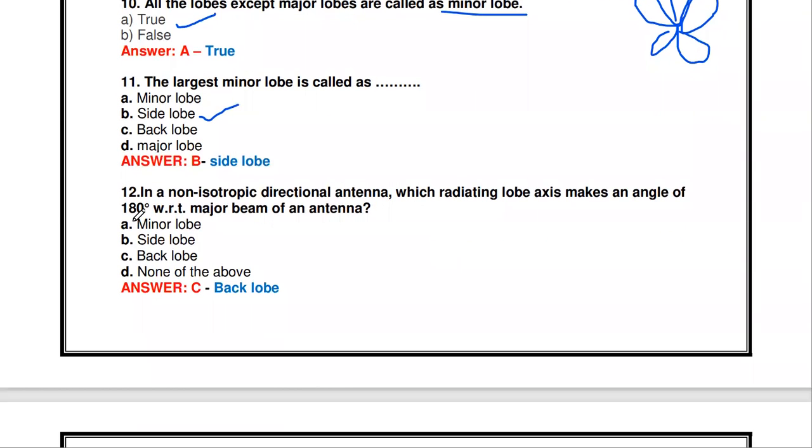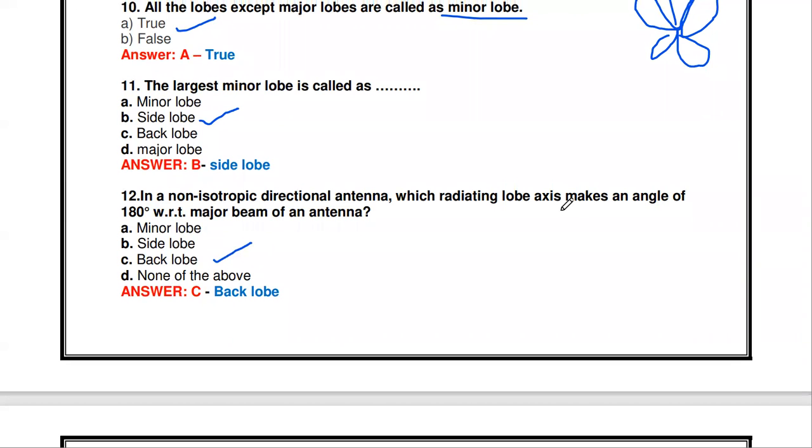Then the next one: in a non-isotropic directional antenna, which radiating loop axis makes an angle of 180 degrees with respect to the major beam of an antenna? Minor loop, side loop, back loop, none of the above. Back loop.